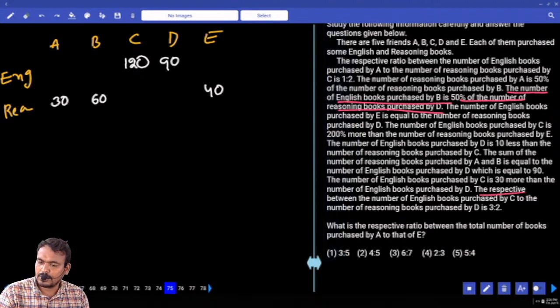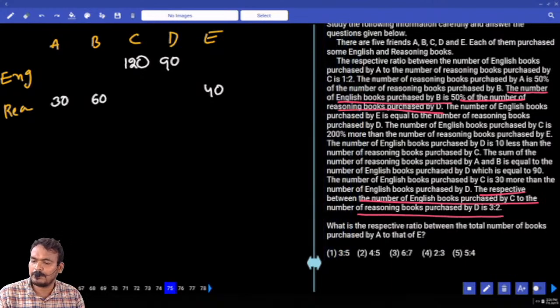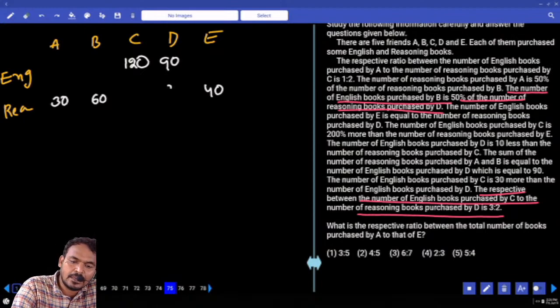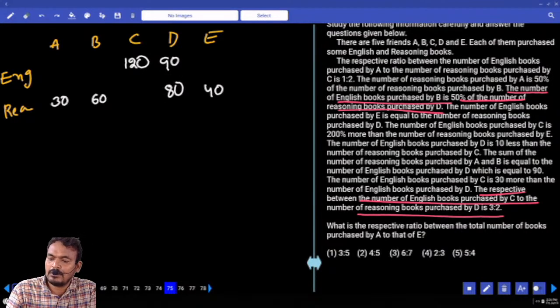The respective ratio between the number of English books purchased by C to the number of reasoning books purchased by D is how much? 3:2. The last line is important. C's English books is how many parts? 3 parts. What are the 3 parts' value? 120. What is the 1 part value? 40. What are the 2 parts' value? 80. And D's reasoning books is how much? 80.